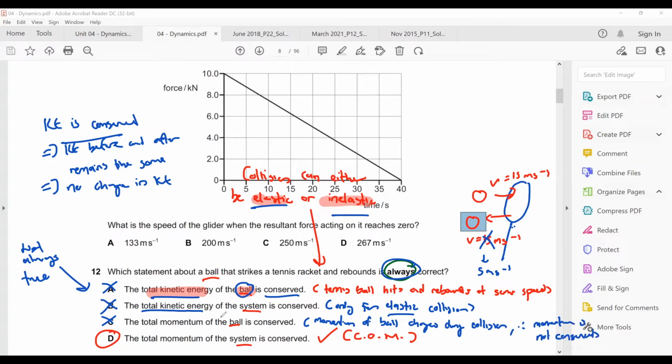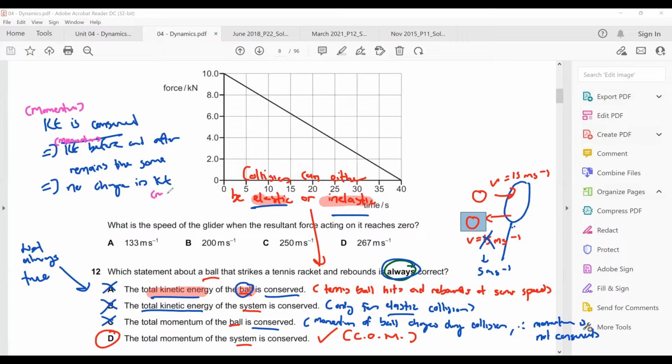Same thing here when I talk about conserved momentum. When you're talking about momentum, it's the same concept. When I say that momentum is conserved, that means momentum before and after remains the same.